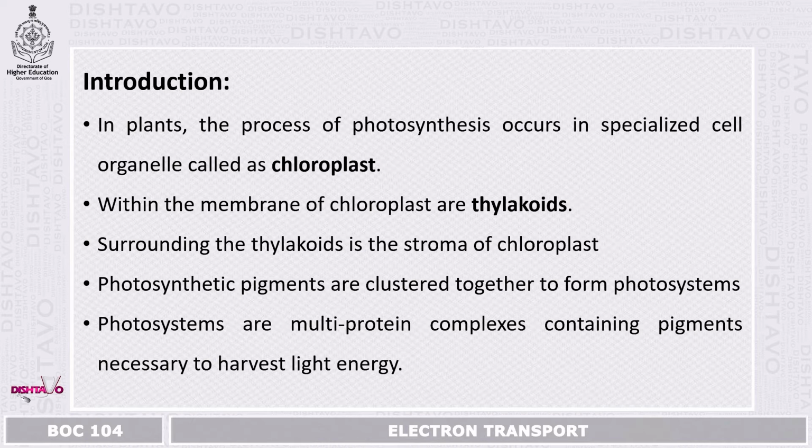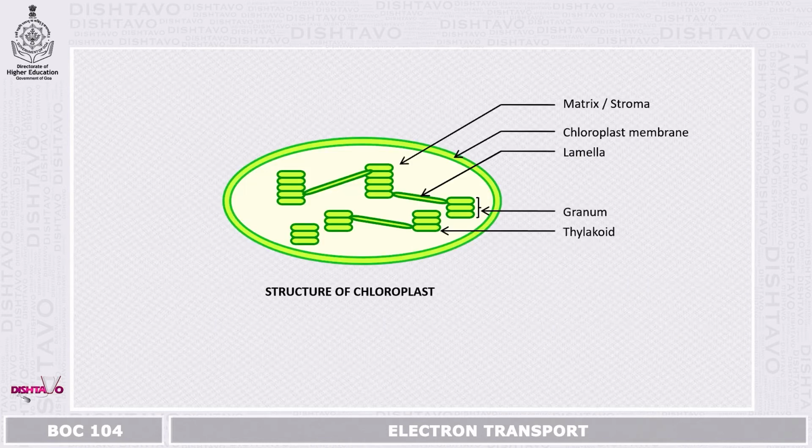Surrounding the thylakoids is the stroma of the chloroplast. Photosynthetic pigments are clustered together to form photosystems, which are present on the thylakoid membrane. Photosystems are multi-protein complexes containing pigments which are necessary to harvest light energy.